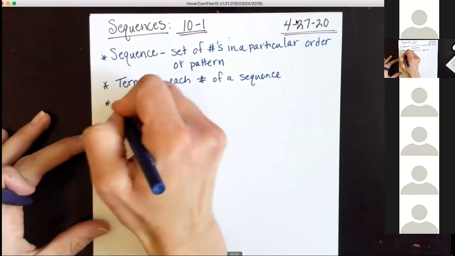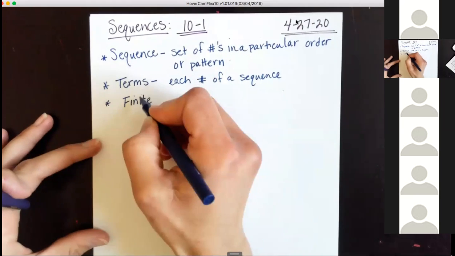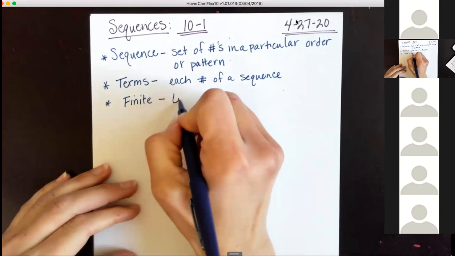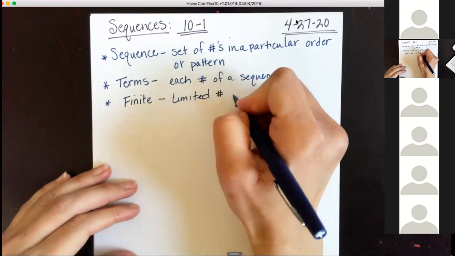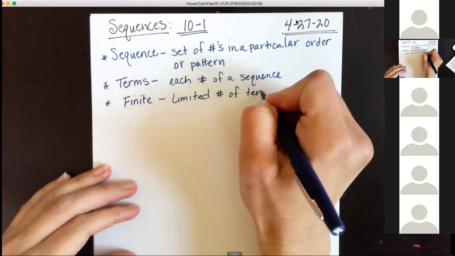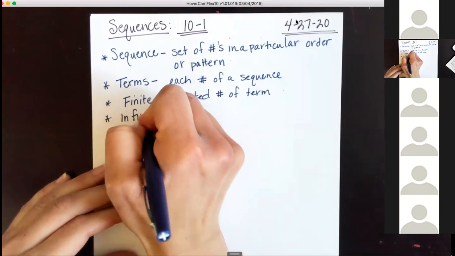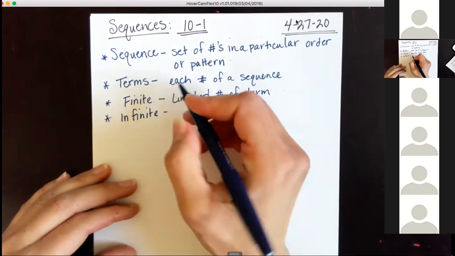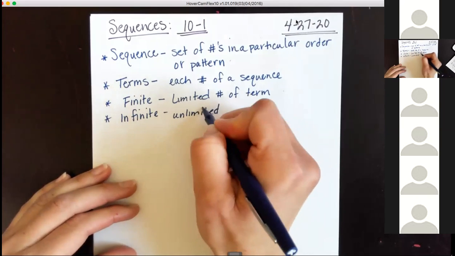We can have sequences that are finite, meaning there's a limit to the list. And then you can have infinite sequences. That ultimately is an unlimited number of terms that could end up showing up.